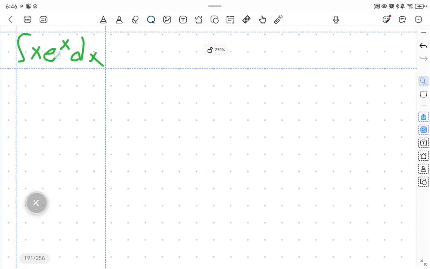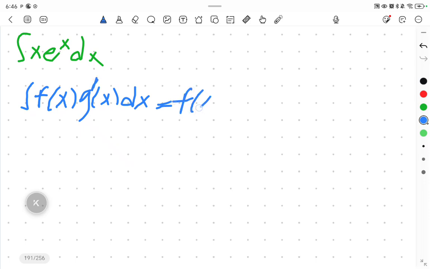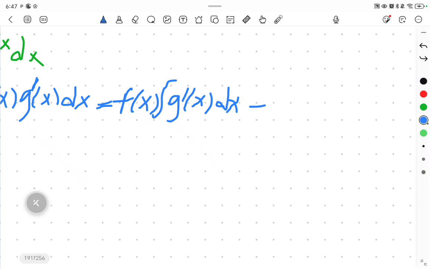The formula that I have says the integral of f of x g prime of x dx is equal to f of x outside, then the integral of g prime of x dx, minus, I take the opposite of this, the integral of f prime of x times the integral of g prime of x.